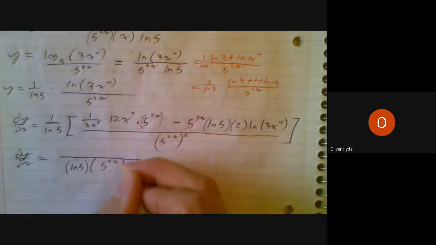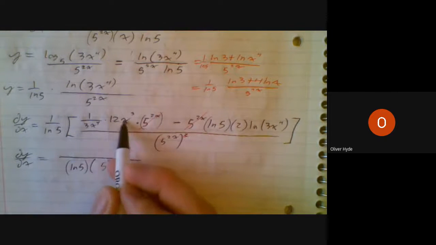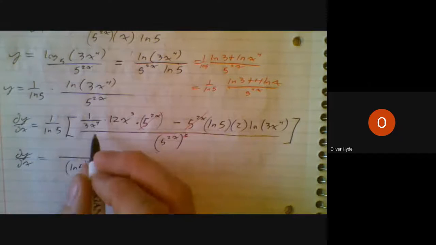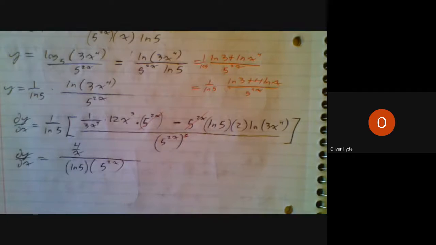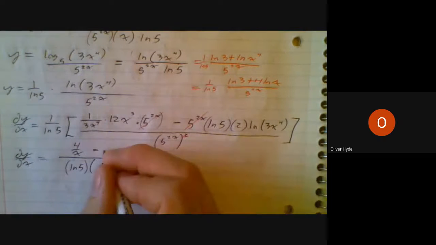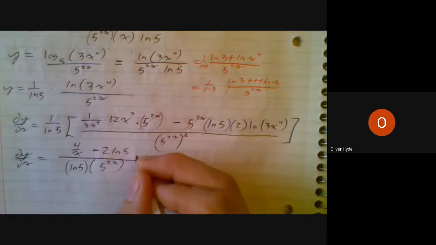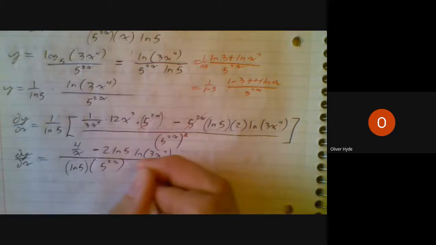Over here, let's simplify 12x cubed divided by 3x to the exponent 4. That will be 4 divided by x. Over here, let's just rearrange to minus 2 ln 5 times natural logarithm of 3x to the exponent 4.